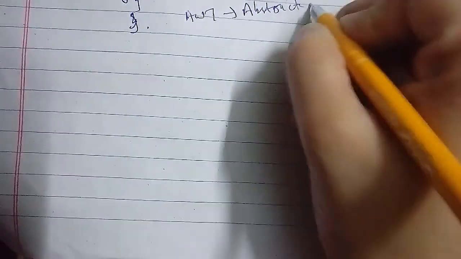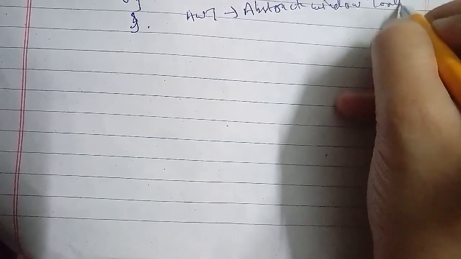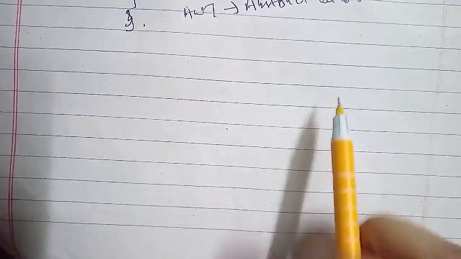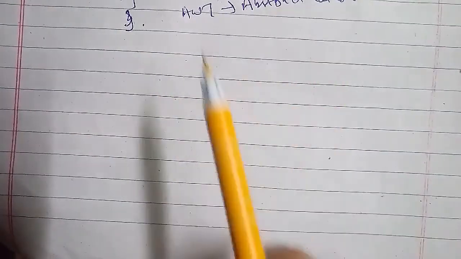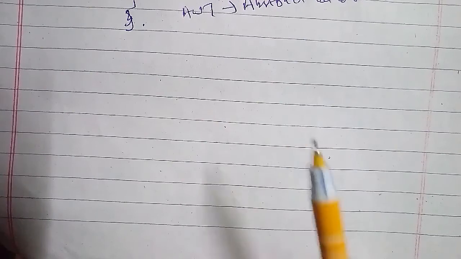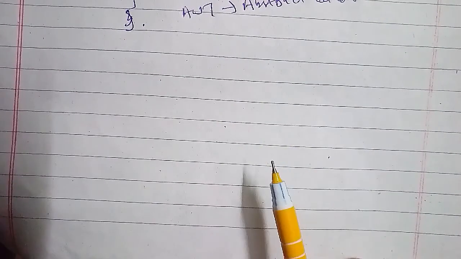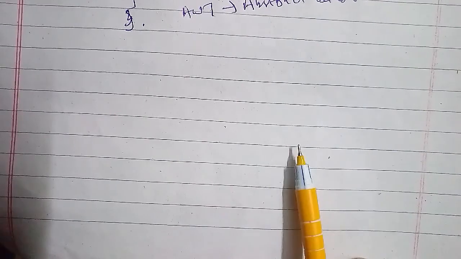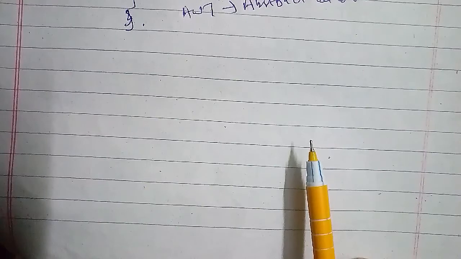Now we'll classify the AWT hierarchy here. First we have the components, in the java.awt package. Another one we have is container. Then after that, it divides into two.